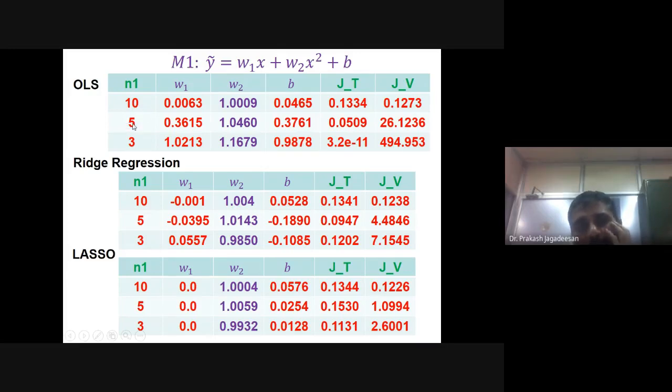In the second row, I've used 10 observations. In the third row, 5. And in the fourth row, I've used 3 observations. Similarly, for ridge regression also, 10, 5, and 3. In lasso also, I've used 10, 5, and 3.